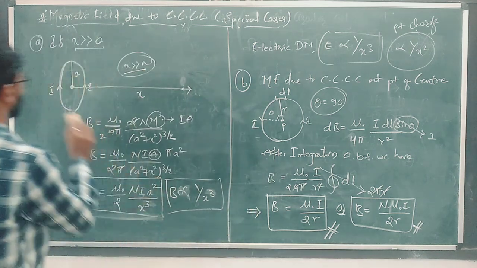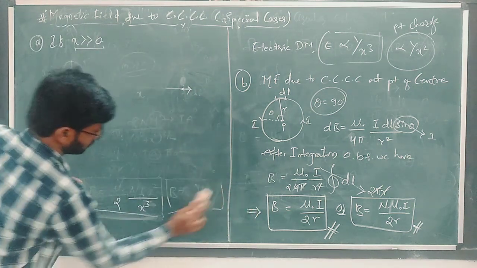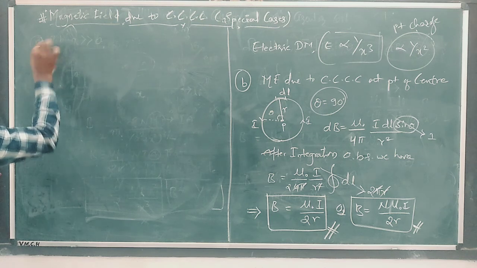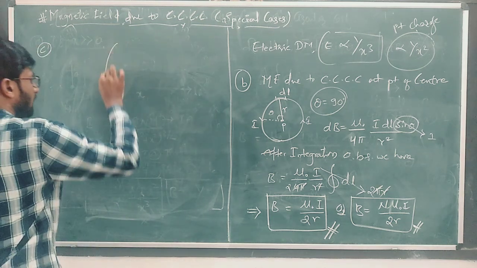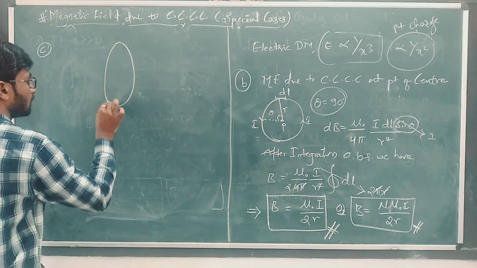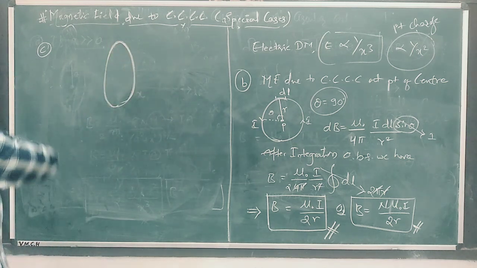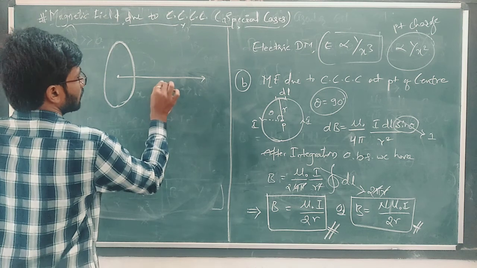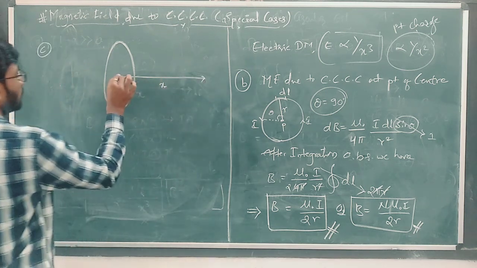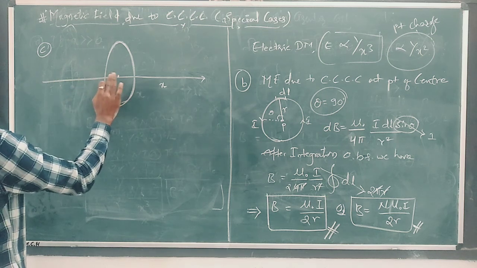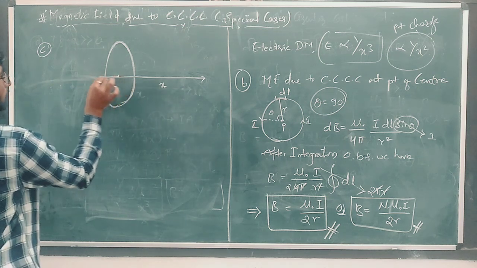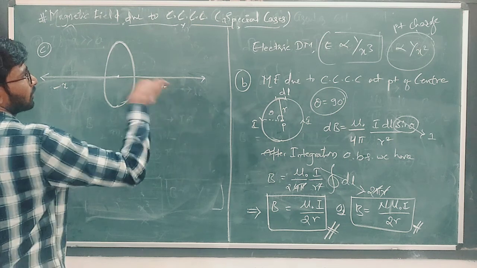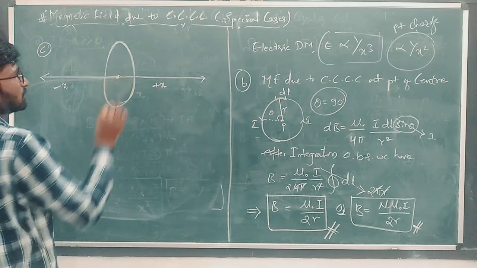So let me show you. Here I will consider this one as C. For example, if I had considered the circular coil, now for this I will consider the point X. This is the point P, similarly, and I will consider along the negative axis also, that is minus X and plus X, which will show both directions.